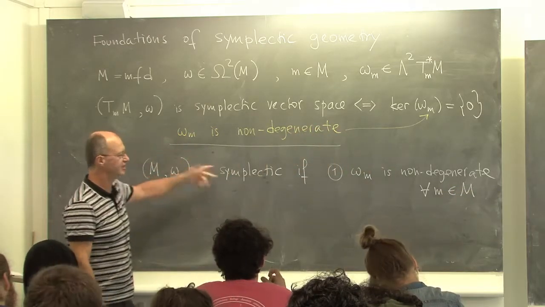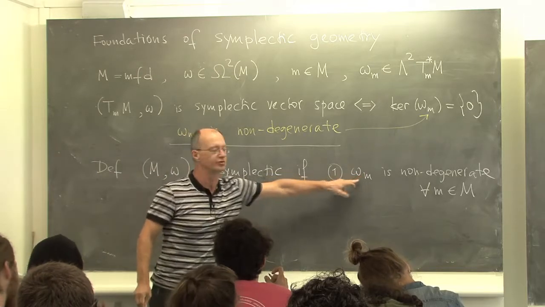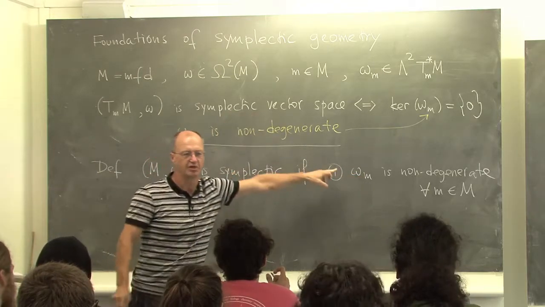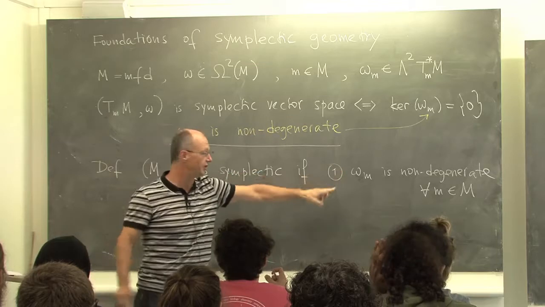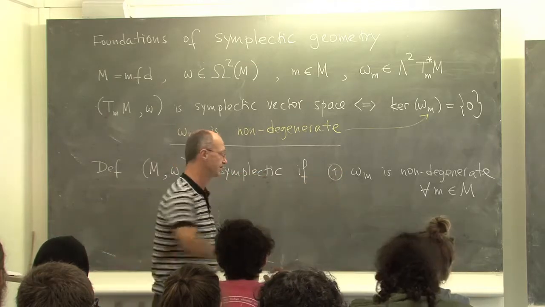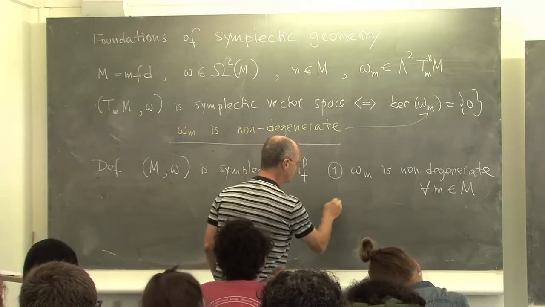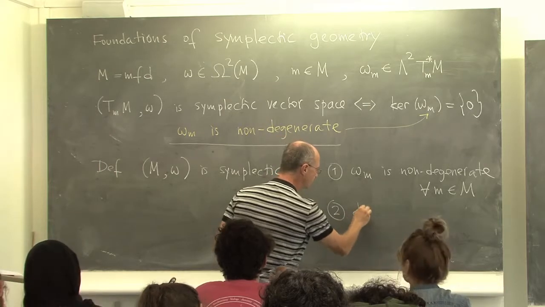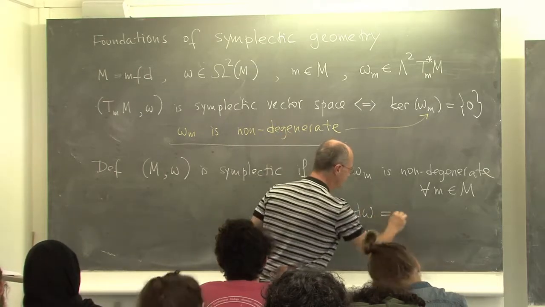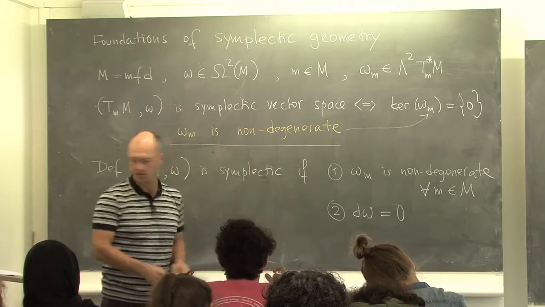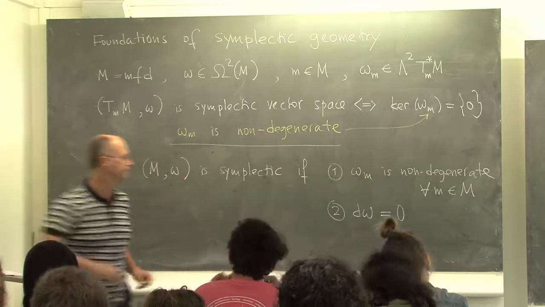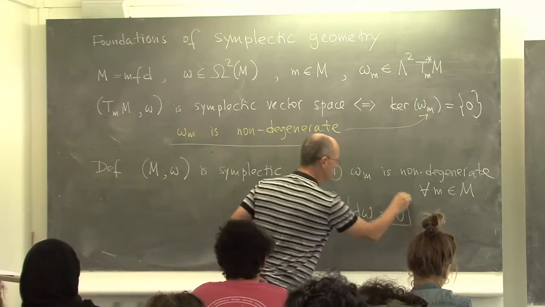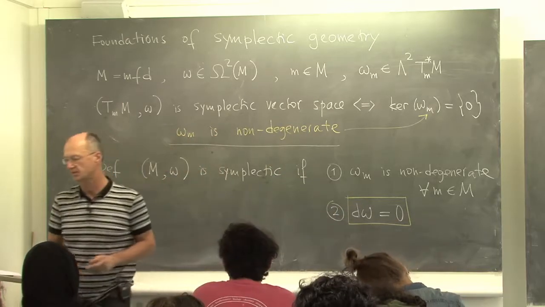It's a bit strange: before, this condition was actually called symplectic, but now it is called non-degenerate. It's only part of the symplectic condition. I hope it doesn't lead to too much confusion. And of course, the second very important condition: d omega is 0, so it's a closed two-form. So there are two conditions in this definition.